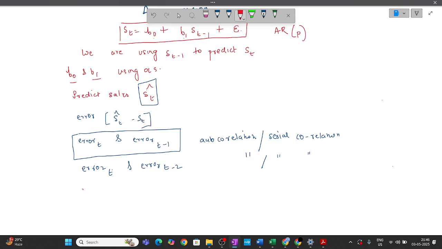Again, you can go further, error at time t and error at time t minus 3. So you calculate the correlation between errors and their lagged values. If there is correlation, then yes, serial correlation, autocorrelation.